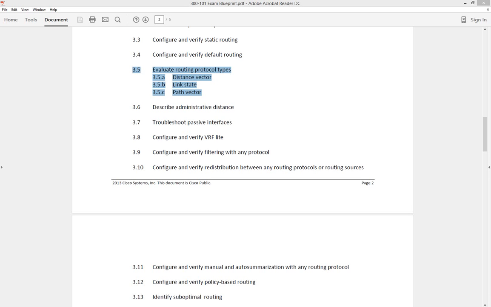Now with EIGRP, it uses bandwidth and delay. I was debating whether or not I wanted to get into the algorithms, because RIP uses the Bellman-Ford algorithm. So it basically says how many hops away are you, and then you have the distance vector protocols like EIGRP that use bandwidth and delay.